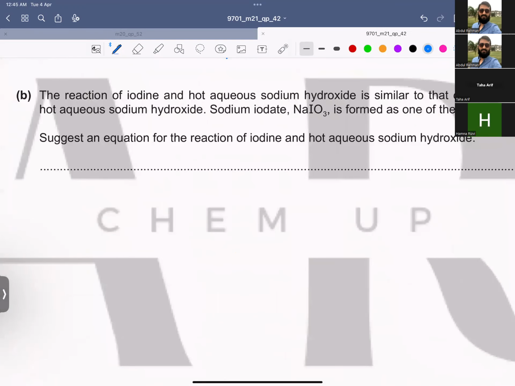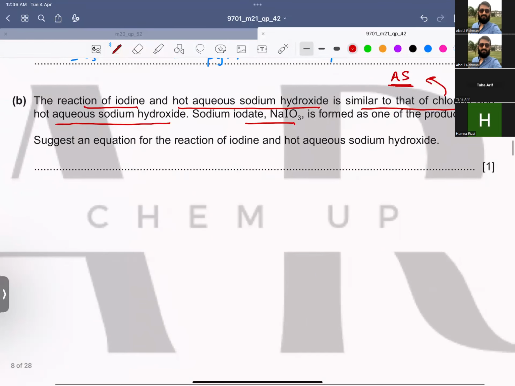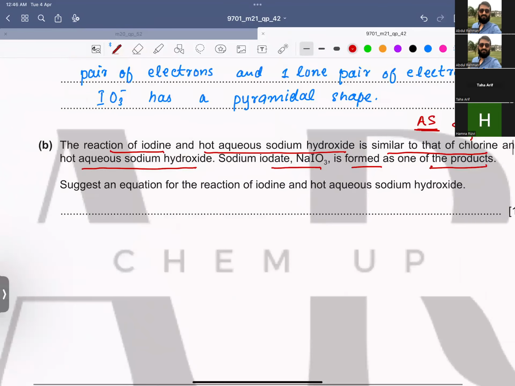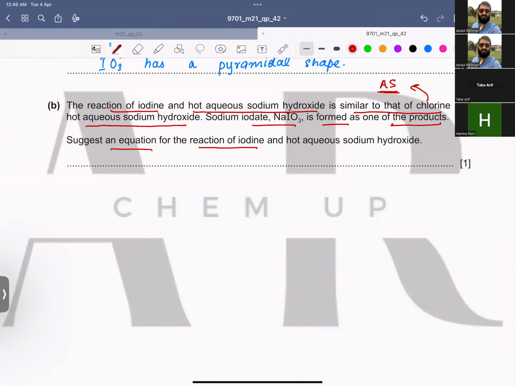Now, the reaction of iodine and hot aqueous sodium hydroxide is similar to that of chlorine. If you recall, this reaction is also discussed in the AS group 17 topic. With hot aqueous sodium hydroxide, sodium iodate NaIO3 is formed as one of the products. Suggest an equation for the reaction of iodine and hot aqueous sodium hydroxide.